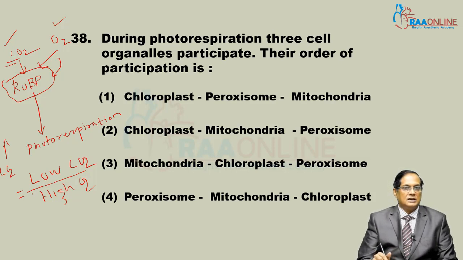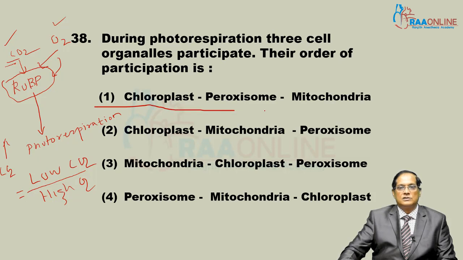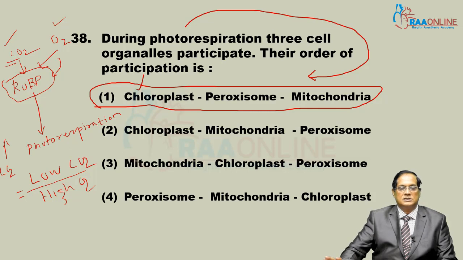The process is accomplished in 3 cell organelles, and in order of their participation, the answer is chloroplast, peroxisome and mitochondria. Photorespiration takes place in these cell organelles. It starts with the chloroplast.